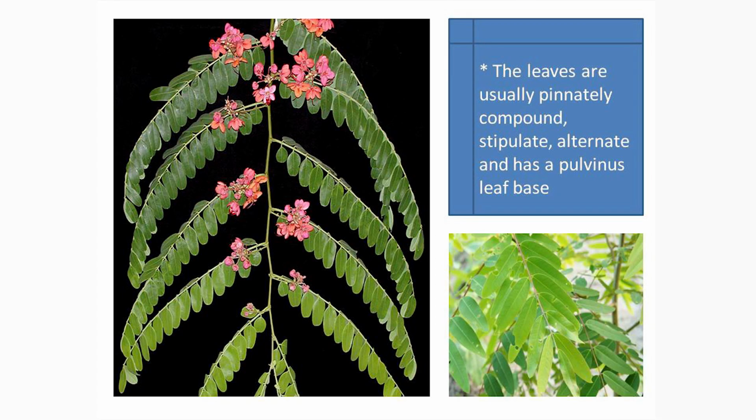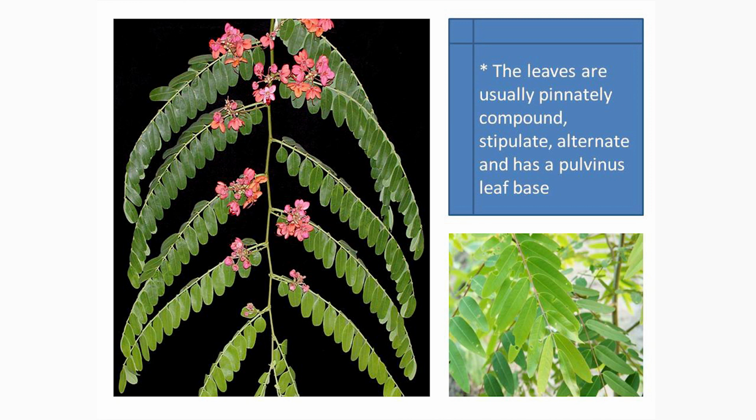Coming to the leaves, in Caesalpinoideae, members possess compound leaves. The leaves are alternate, compound, and they possess much elongated petiole and are usually bipinnately compound.